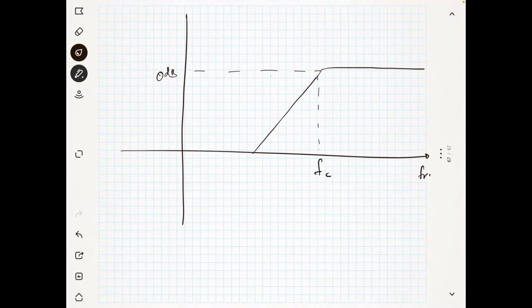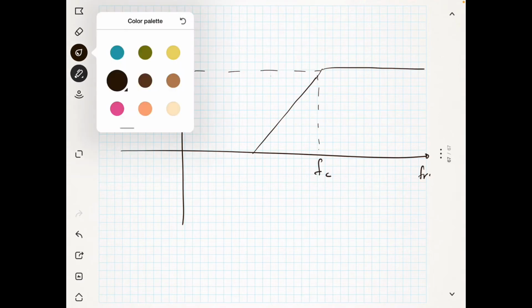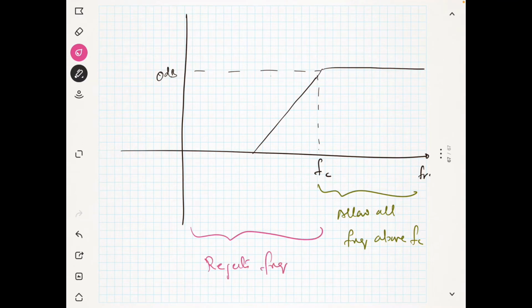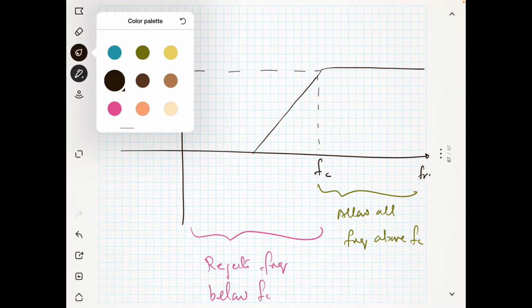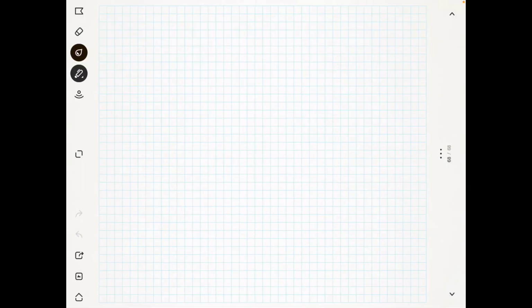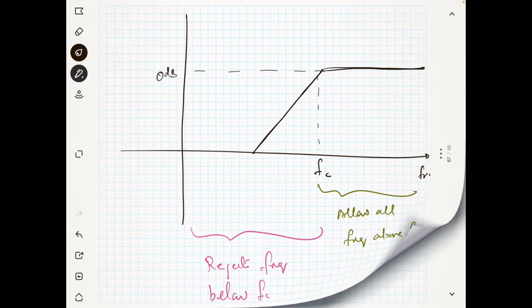It is allowing all the frequencies above FC, and it rejects frequencies below FC. That's why the characteristics is like this. Now we will see the response. What is that response? V out is equal to, we will see just the equation.